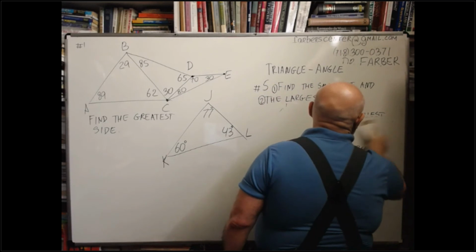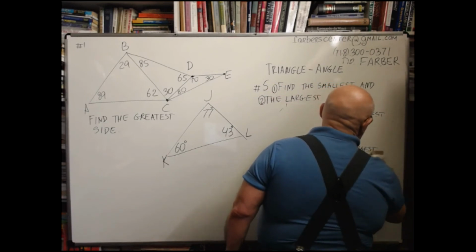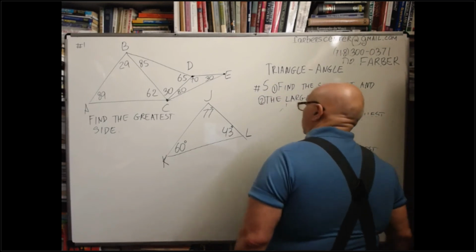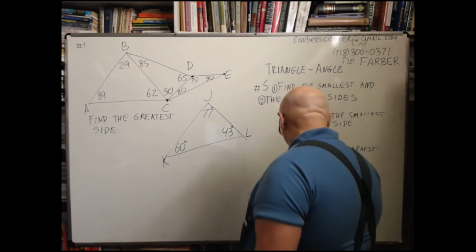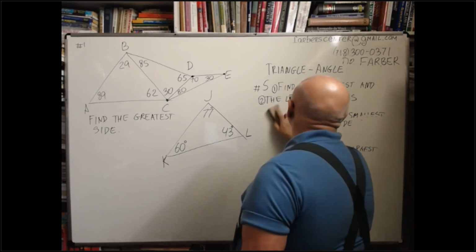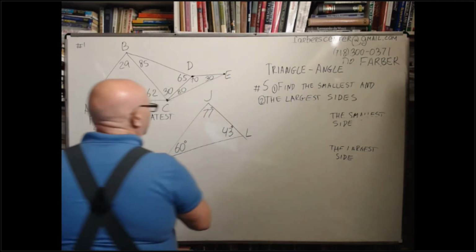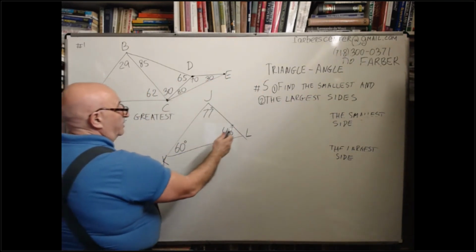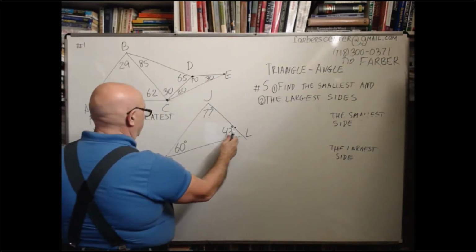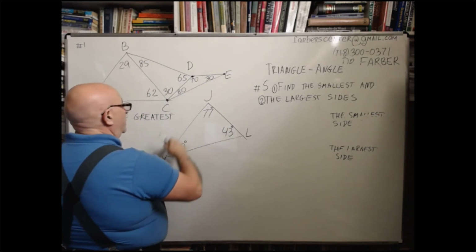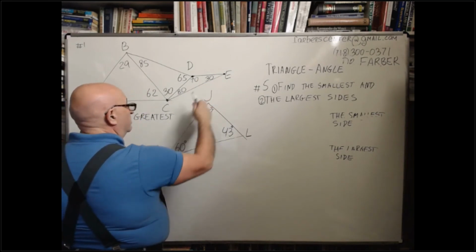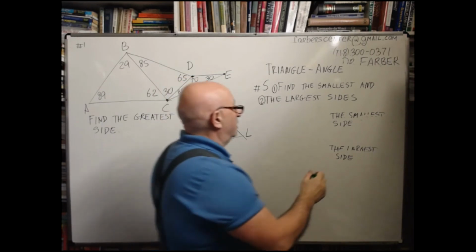I want to go through this problem together with you, okay? Look at this, the smaller side. Since angle 43 is the smallest, the smaller side is KJ. It would be KJ or JK.